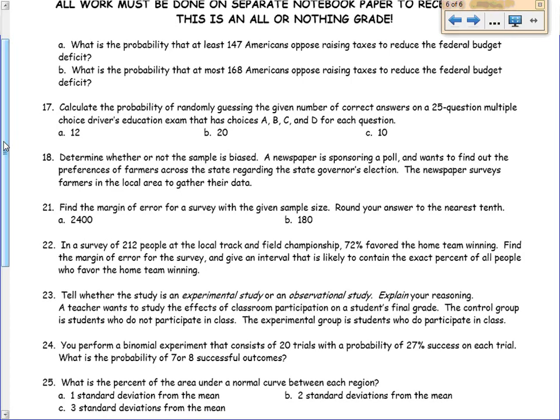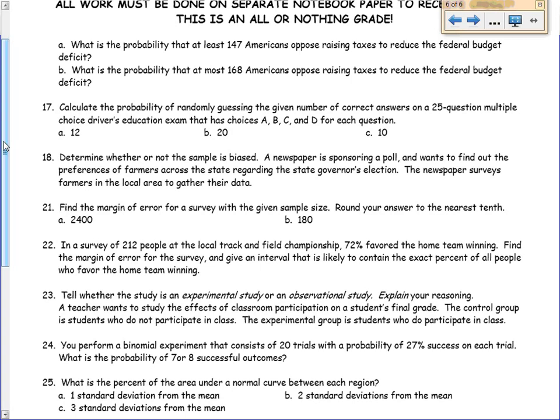Okay, problem number 17 says calculate the probability of randomly guessing the given number of correct answers on the 25 multiple choice questions. So I write 25C12. Anybody understand where I got the number 25 from? Yeah, 25 questions.